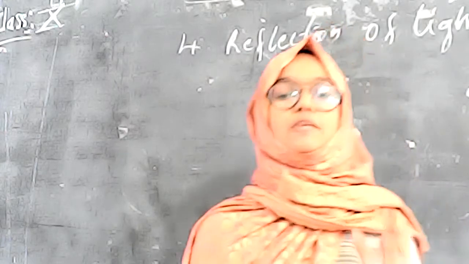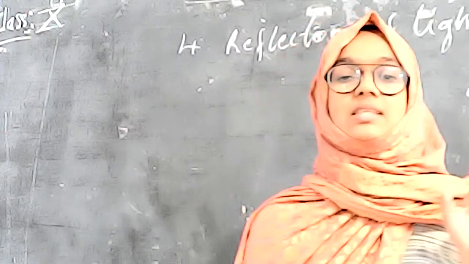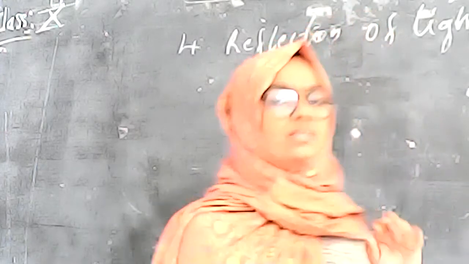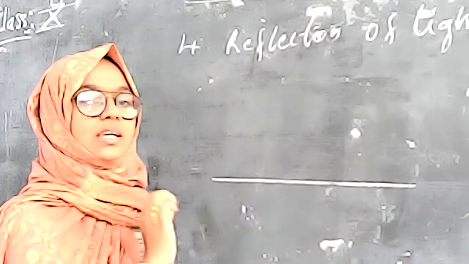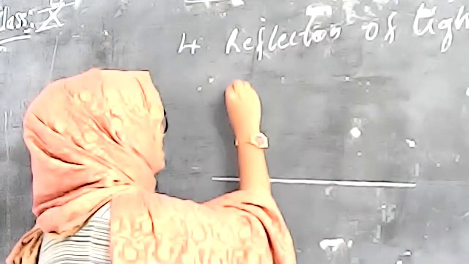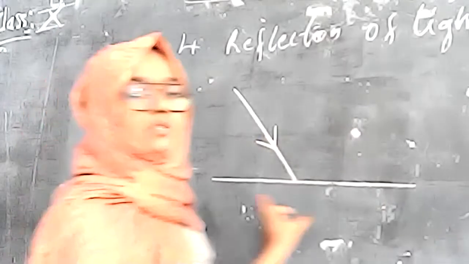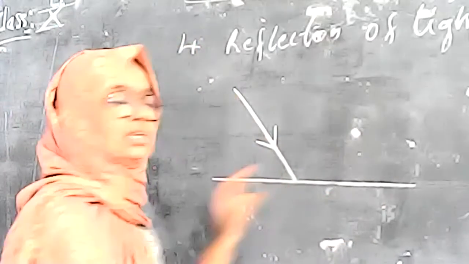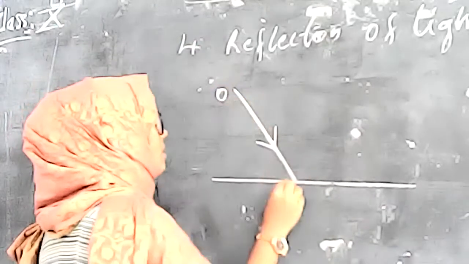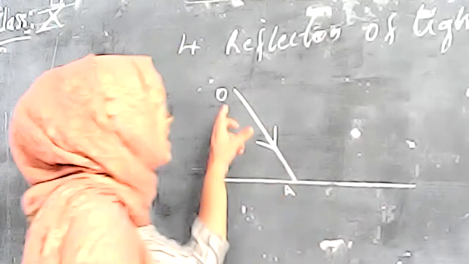In the phenomenon of reflection of light, a ray of light is incident on a plane surface. So we have to consider a plane, smooth surface, and a ray of light incident on this smooth surface. The ray of light is considered as OA.